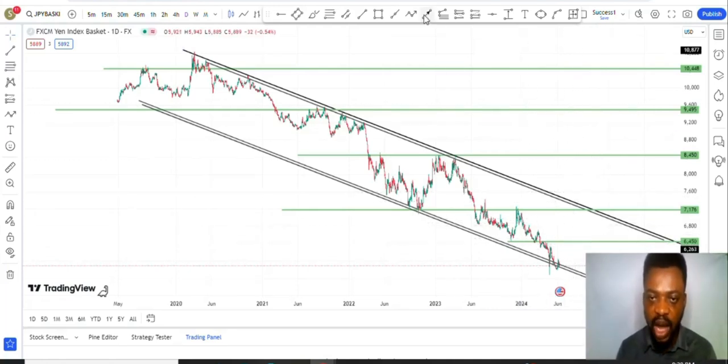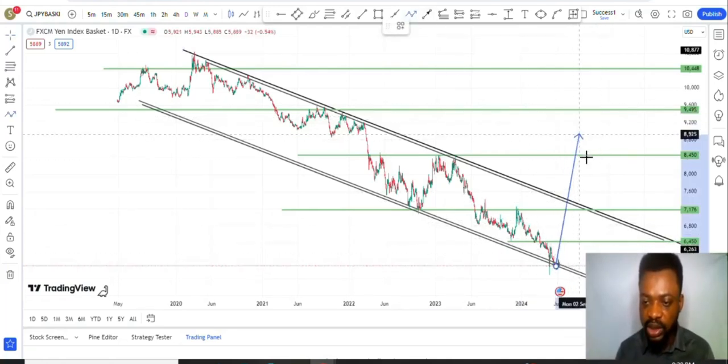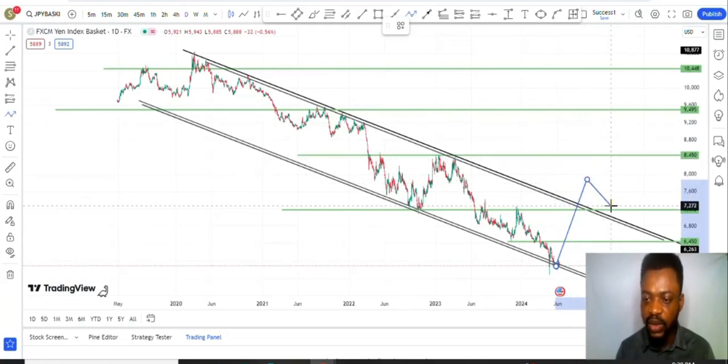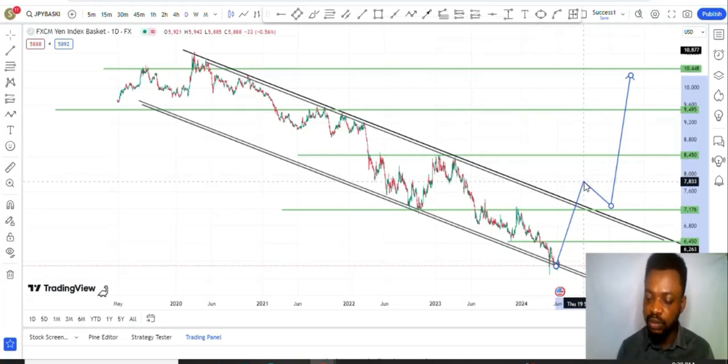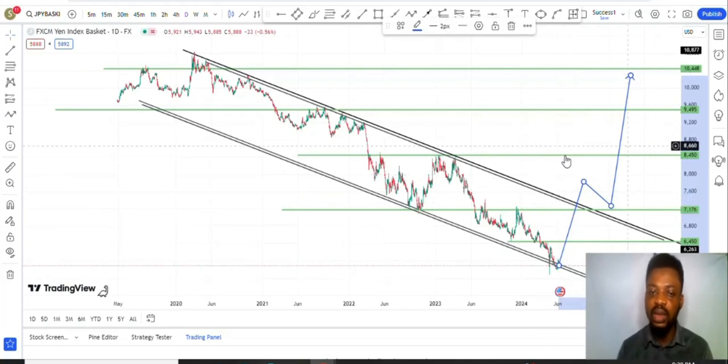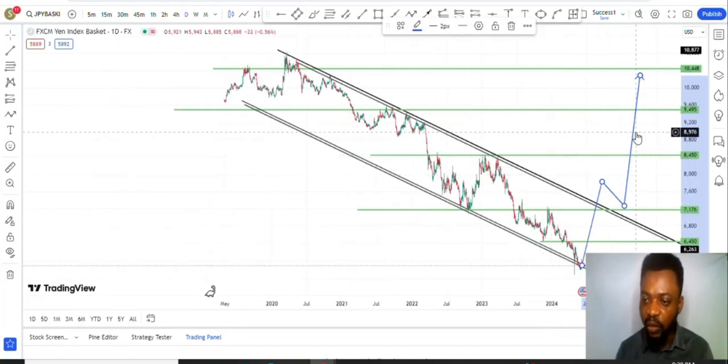I would love to see this happen, but for it to happen, the XY will have to drop massively, and the bull run will be very, very loud.